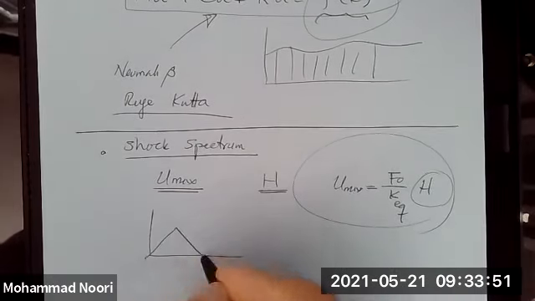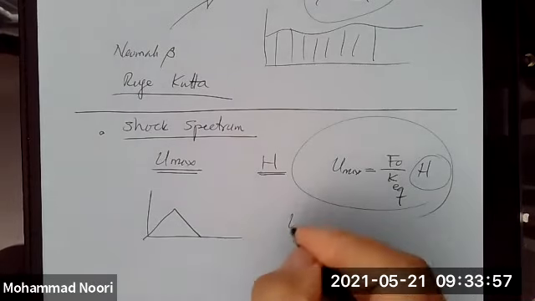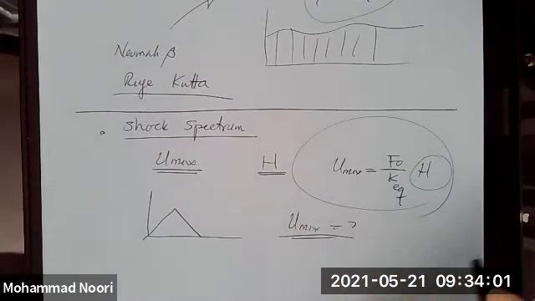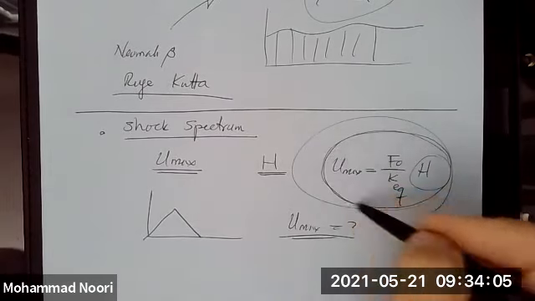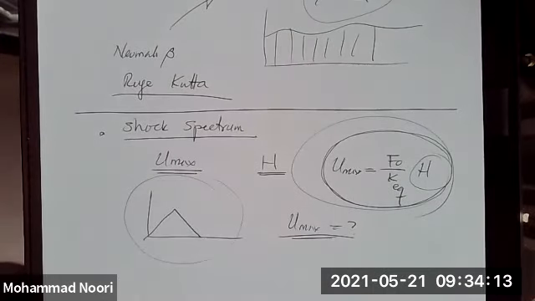If you have, say, a shock load, a blast loading like this, how do you find the maximum response? Or how could you find something analogous to this relationship, okay?